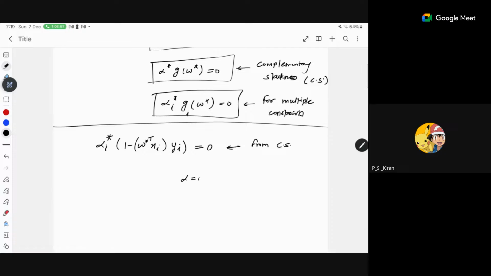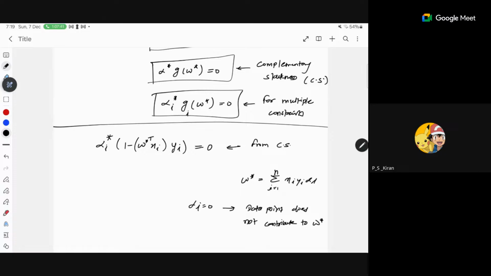If alpha equal to 0, what does that mean? What is w star? W star is the summation of i equal to 1 to n of alpha i xi yi, correct? If alpha i equal to 0, that means that data point does not contribute to our w star. What is my w star basically?